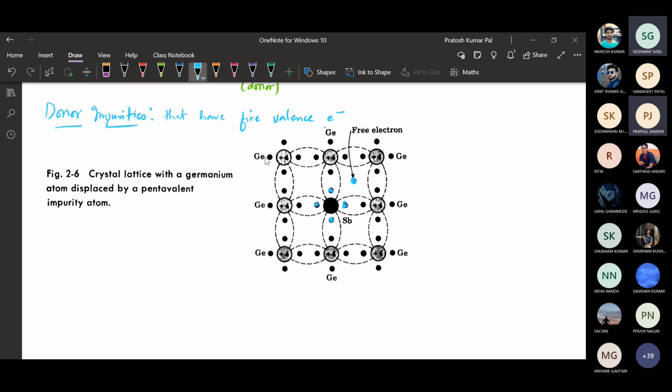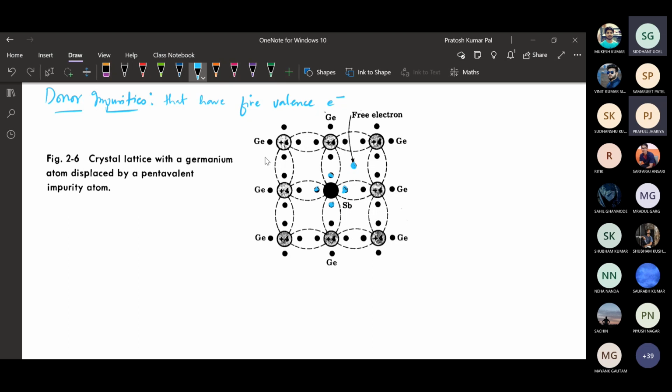The fifth one will be a free electron. That means once we have done the doping, there is no need to increase the temperature so that a free electron will be generated. After doing the doping itself, at 0 degree Kelvin also, we are having a free electron.